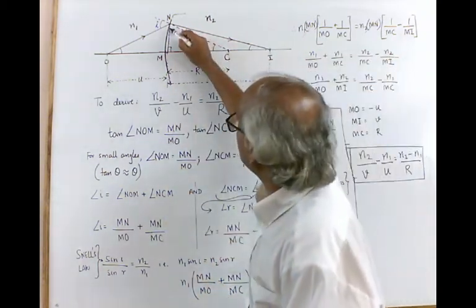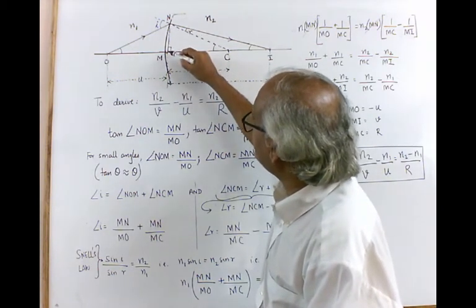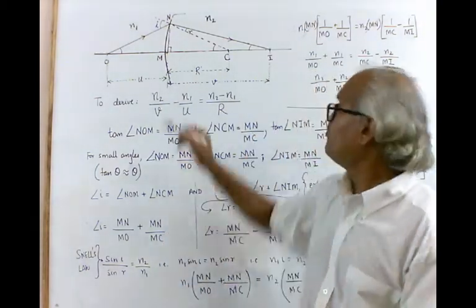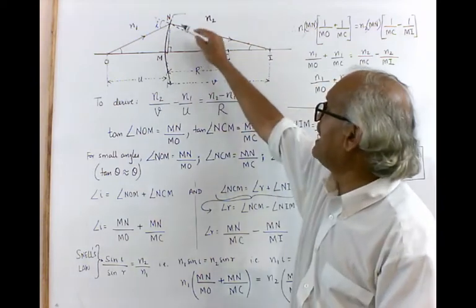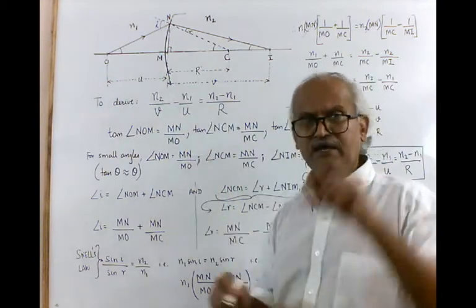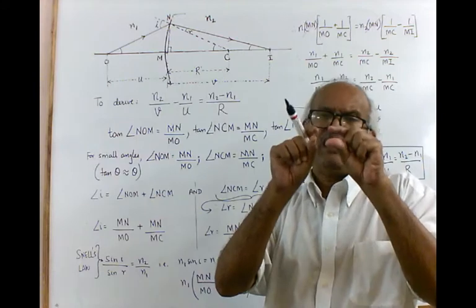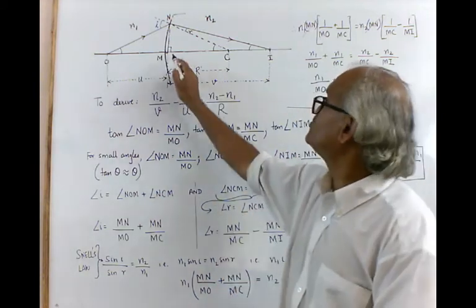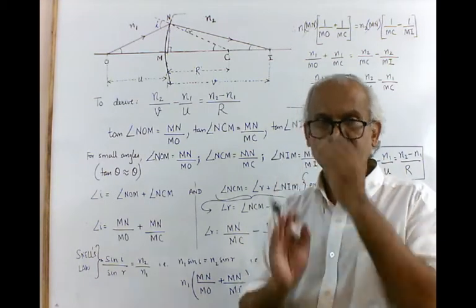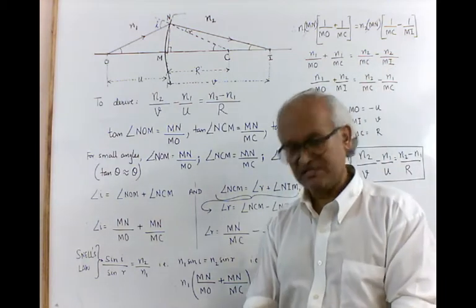So this perpendicular NN, actually M is on the surface and the perpendicular would be a little inside, but because this is a paraxial ray, for all practical purposes, although in the diagram this looks big, it is actually very small, and so for very small distances this is as good as being identical or coinciding, and so we will not bother about that small distance. That is one more assumption, an approximation that we are making while going ahead with this.